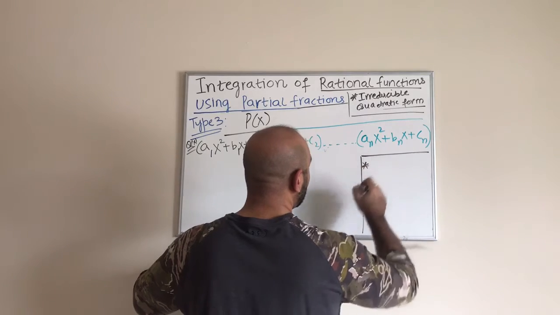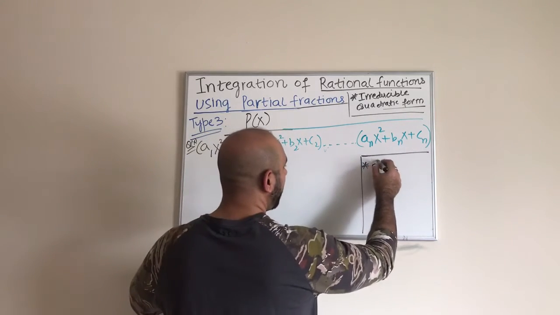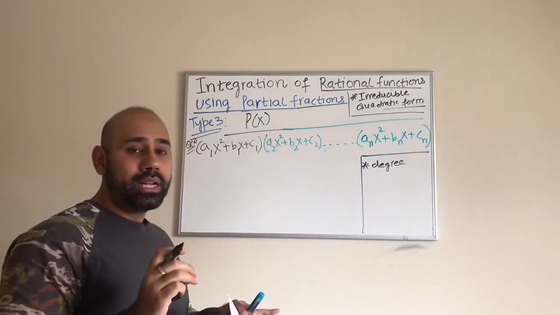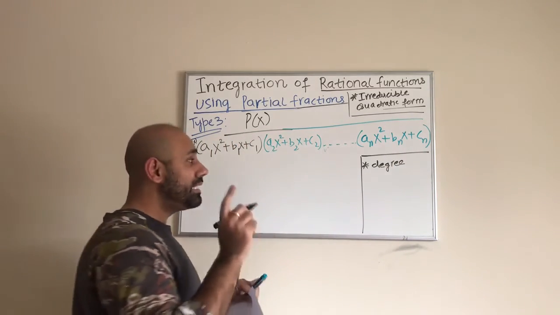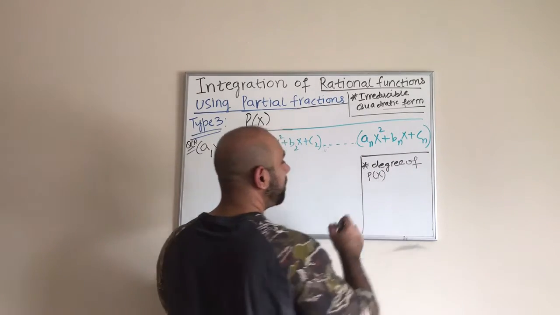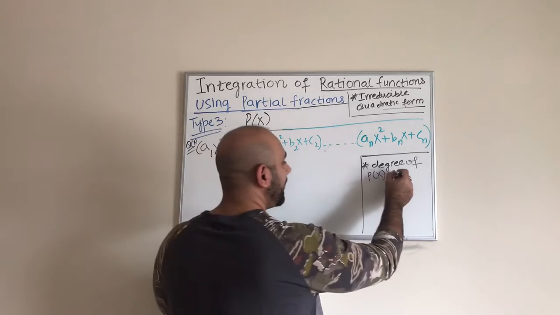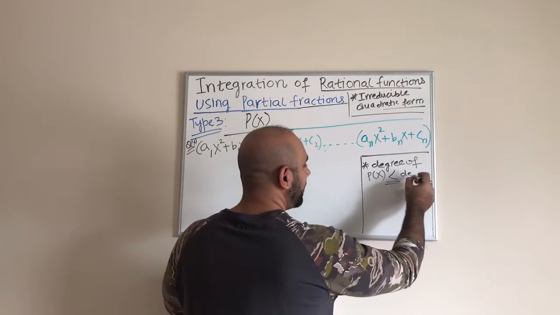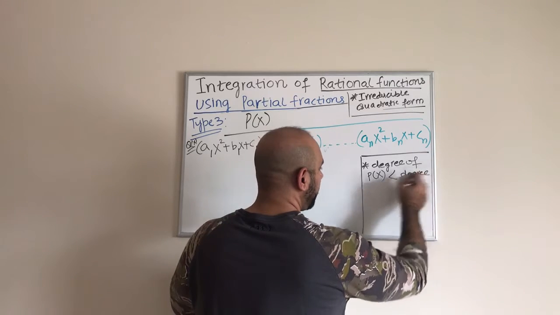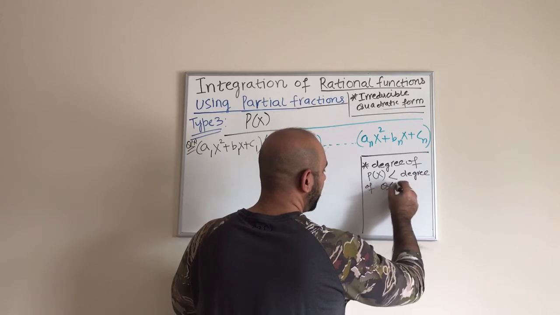The first one is that the degree of the numerator, so we are still consistent with what we said in type 1 and type 2, the degree of the polynomial function in the numerator has to be less than the degree of the denominator. So it's strictly less than the degree of the denominator.